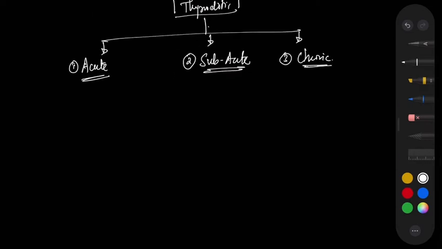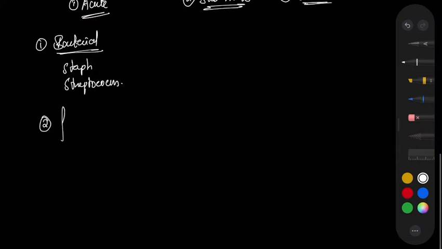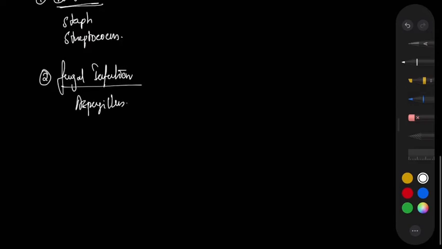So under acute, acute thyroiditis could be due to your bacterial infections, most common of which are staph and streptococcus. Then there's your fungal infections. Most common cause is your aspergillus. Thirdly, any radiational injury.